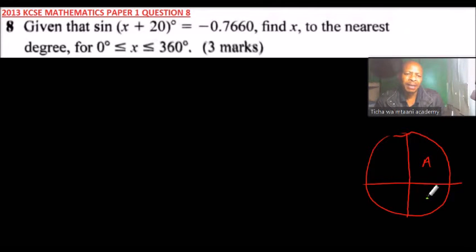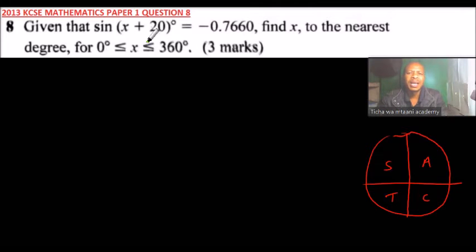Then we have all trigs, we have arc, that's what we call arc. We find that in the first quadrant, all trig ratios are positive. Second quadrant, only sine is positive. Third quadrant, only tangent is positive. And fourth quadrant, only cosine is positive.